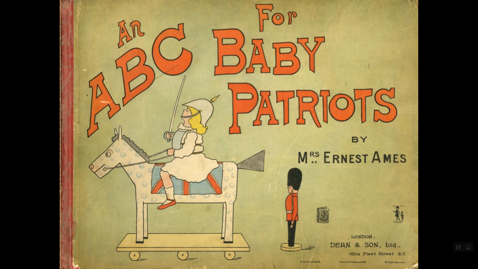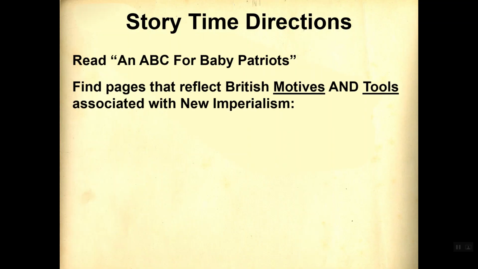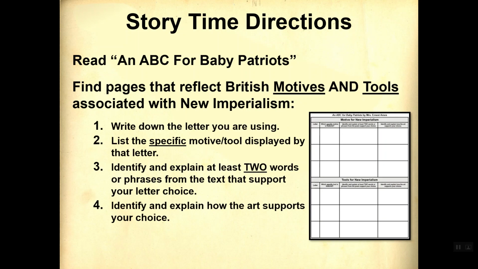It's called ABCs for Baby Patriots from Great Britain. You're going to see some images, and what you're going to do is read it and find the pages that reflect the motives and tools associated with imperialism. You're going to use this handout.